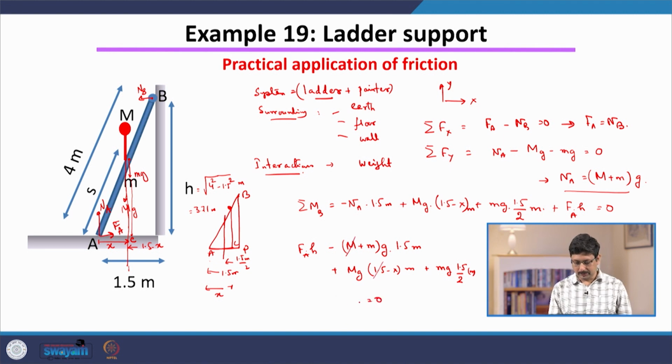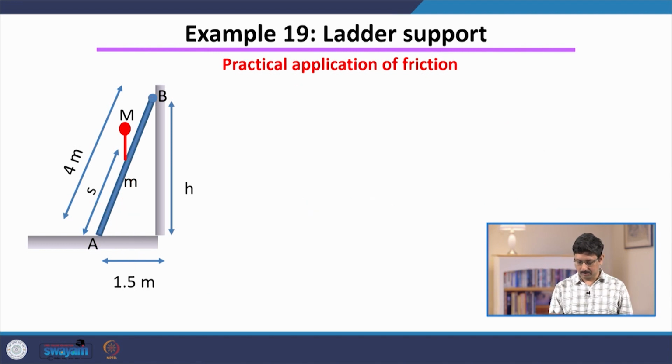Let us simplify this further. So, we have F A times h minus m g into 1.5 minus m g x plus m g into 1.5 by 2 equal to 0.